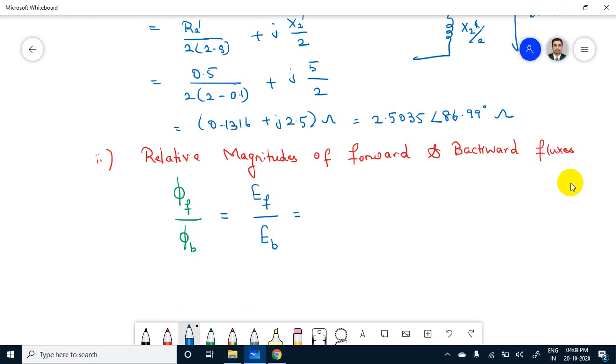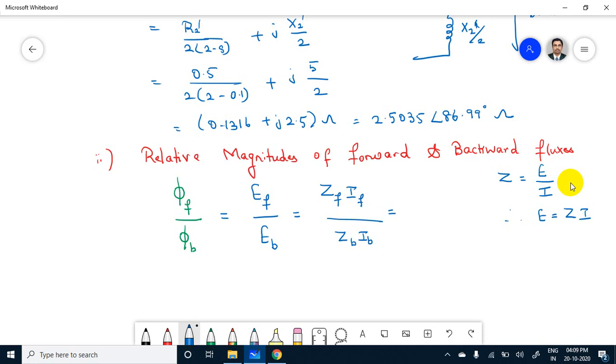So we know the basic impedance equation with respect to EMF. Z equals the ratio of EMF divided by current. So from this, induced EMF E equals the product of impedance and current. This equation we can substitute here: Zf into If whole divided by Zb into Ib.